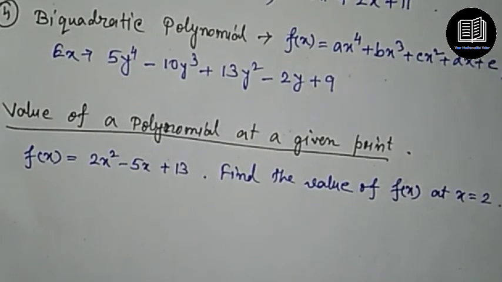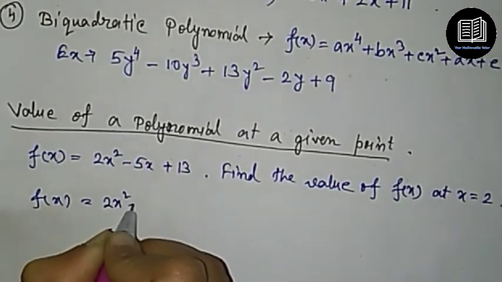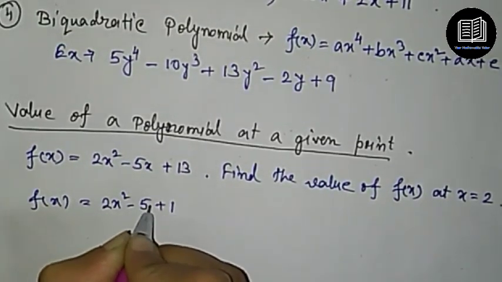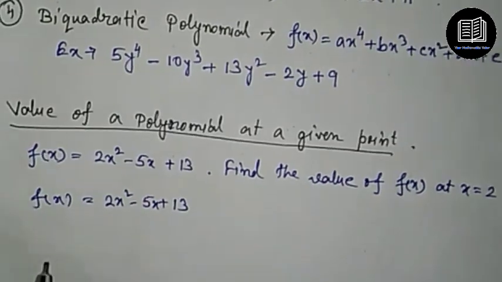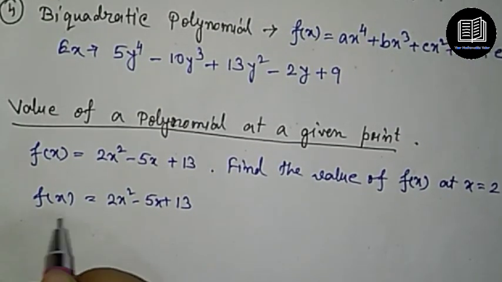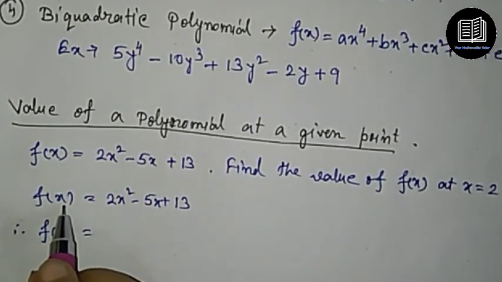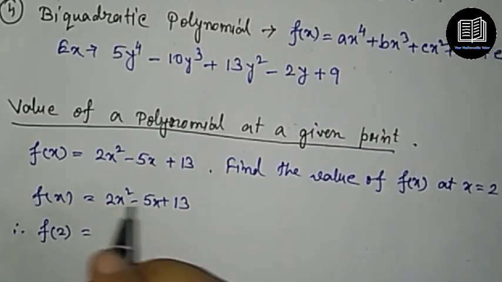So write f(x) equals 2x square minus 5x plus 13. When x is 2, we find f(x). That means we have to find f of 2, right? Put the value of x as 2.